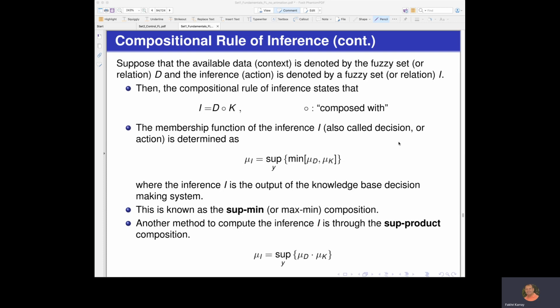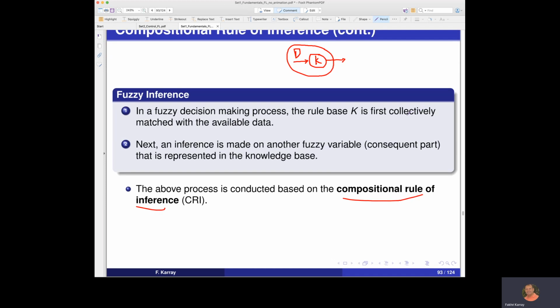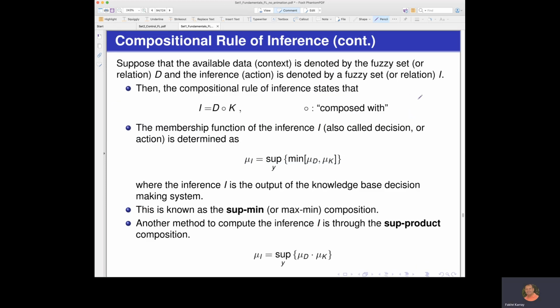So here we have the engine, engine K. This engine K is going to receive the context, so it's going to be subject to the context, and the context is going to generate the compositional rule of inference part, which is given by I. So I is known as the inference component of the system.